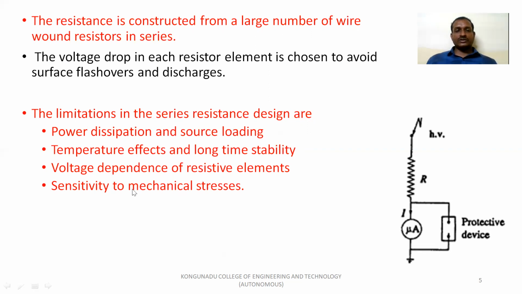Next, voltage dependence of the resistive element, so the resistive element depends on the voltage. It is one of the drawbacks. The next one is sensitivity to mechanical stress. If any mechanical stress is applied, the performance or output voltage of the device will deviate somewhat. So these are the limitations of the series resistance design.